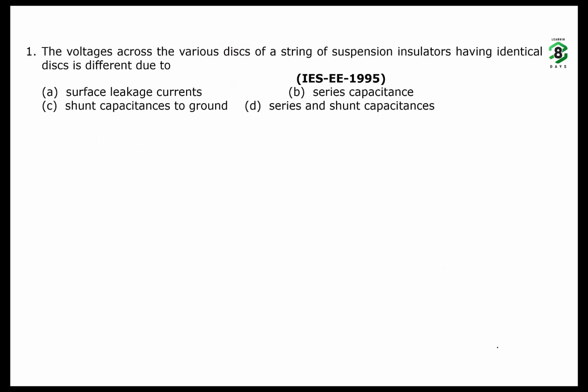The voltage across various disks of a string of suspension insulators having identical disks is different. Why is the voltage across the disks different? What is the reason? Series capacitance?